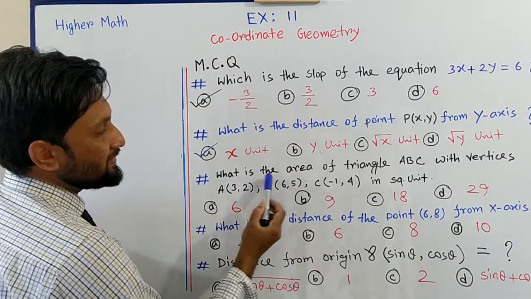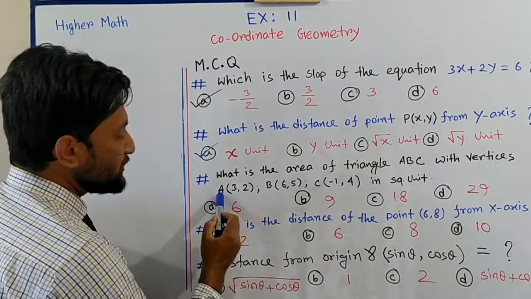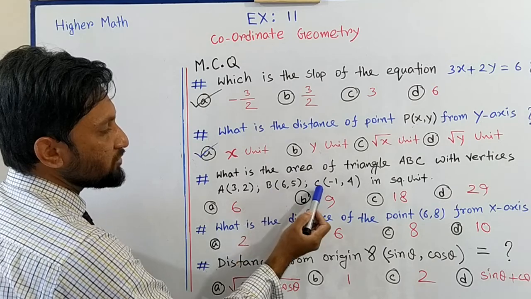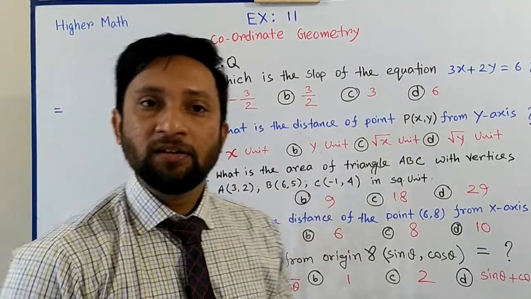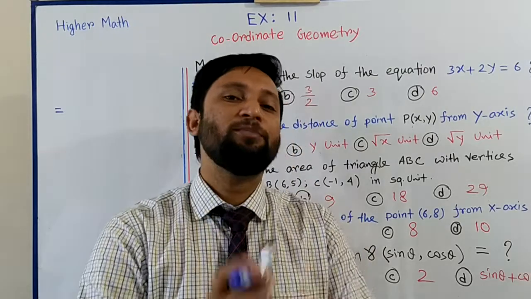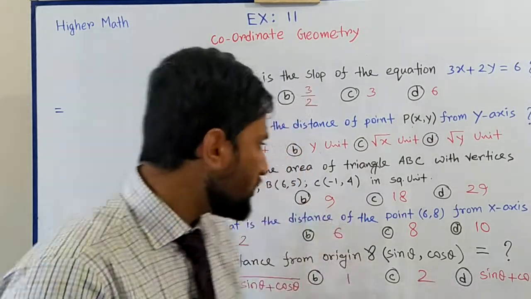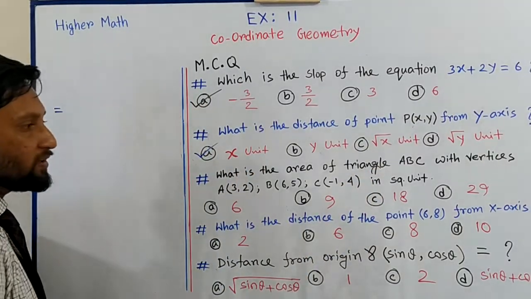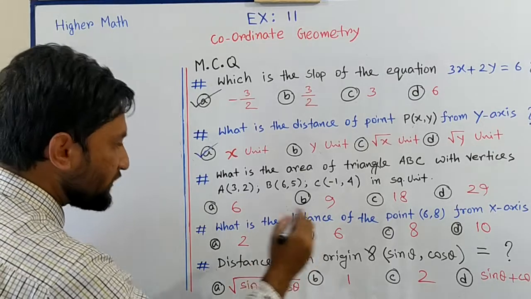Next question, what is the area of triangle ABC with vertices coordinate point A, coordinate point B and coordinate point C in square unit? That means in a triangle, three coordinate points are given and we have to identify the area.